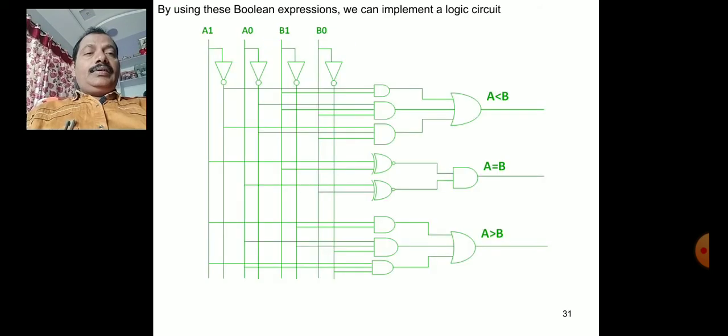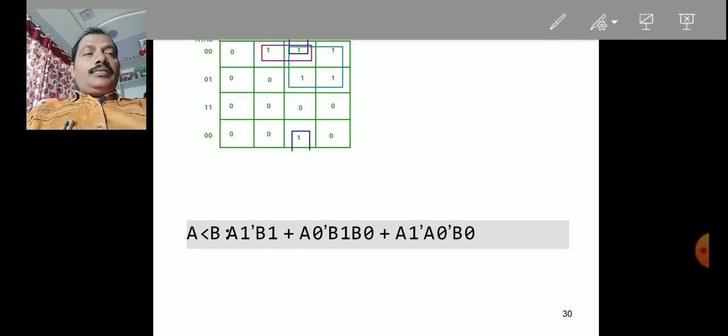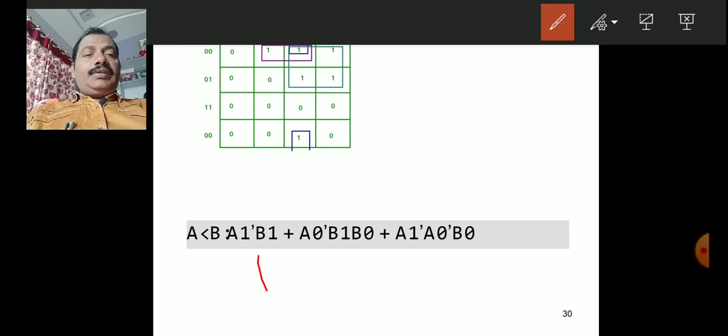Let us see A less than B. For the A less than B, this is the expression. For this expression, how many AND gates are required? 1, 2, 3. 3 AND gates are required, and one OR gate is enough.